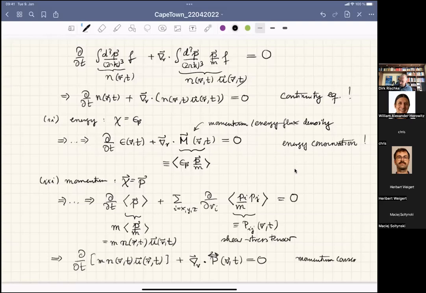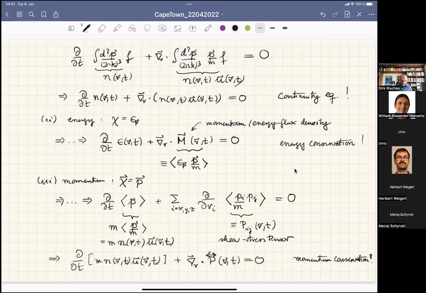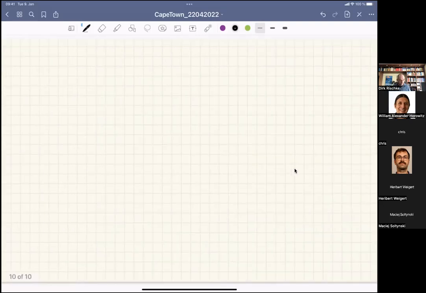Okay, so these are the conservation laws which actually govern the dynamics of fluids, the hydrodynamical conservation laws. And the only thing I want to briefly mention is the relativistic generalization, and then I'm done. Next week we will do everything relativistically, of course.